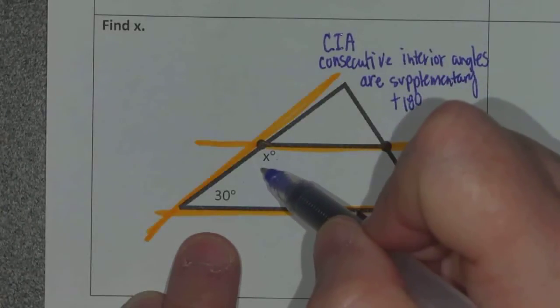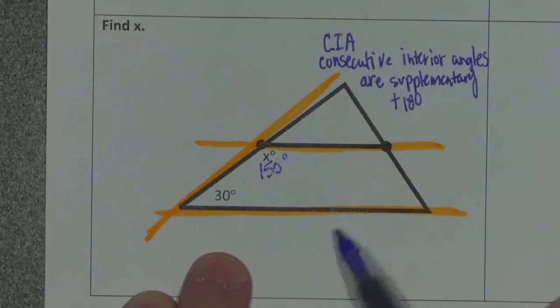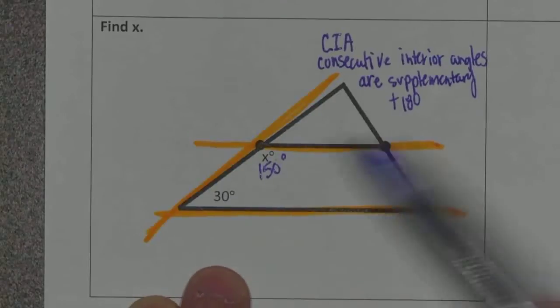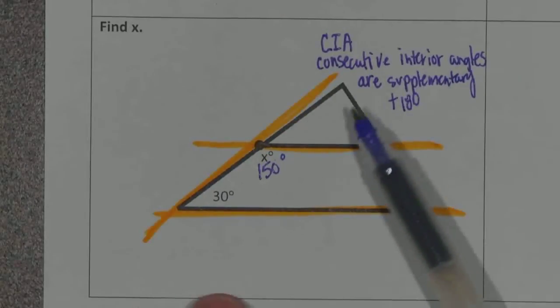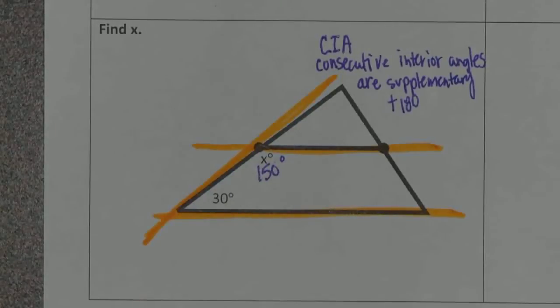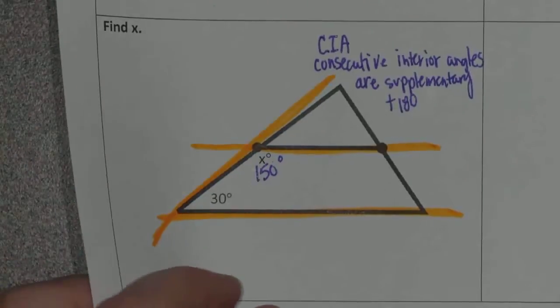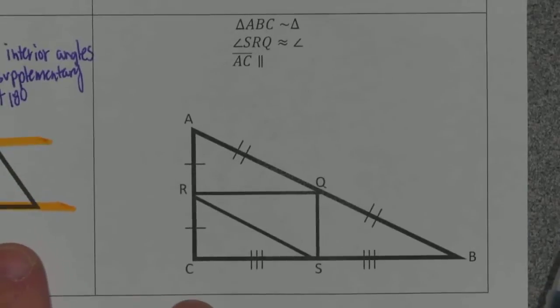So 180 minus 30 is? There we go, 150, because they have to add up to 180 degrees. They had to add up to 180, so this has to be 150. 150 plus 30 is 180. Okay, that'd be fitting.